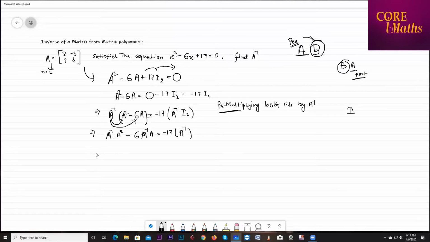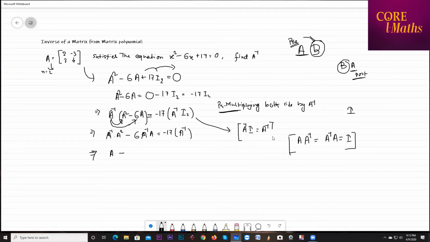Now it will be A to the power 2 minus 1, that is A. Here one of the most important properties, we know that A into A inverse or A inverse into A will always be I. So we can apply this property also. In this step you can write A inverse into I, that is A inverse.